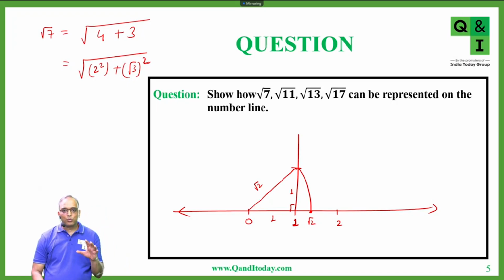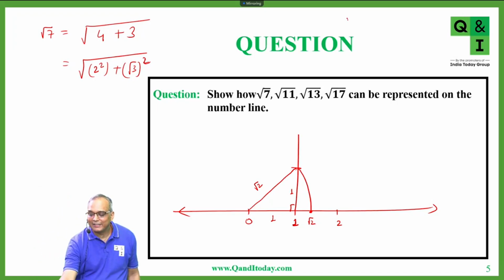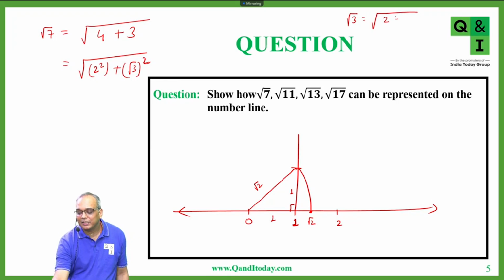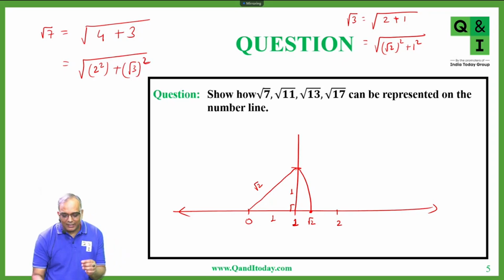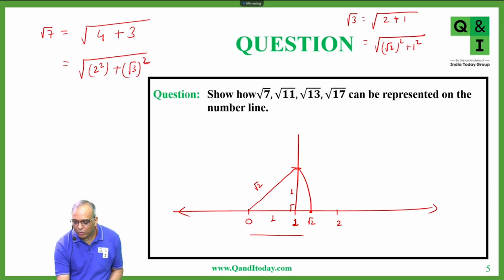Now to draw root 3, I'll write it here for you. Square root of 3 we can break into 2 plus 1, which is equal to root 2 square plus 1 square. So using this Pythagoras theorem concept, I have got root 2 as the base.